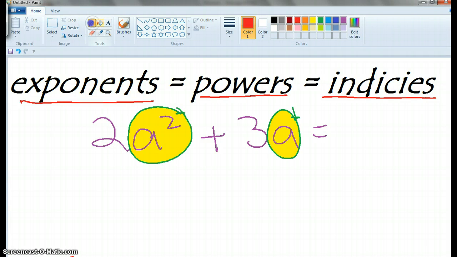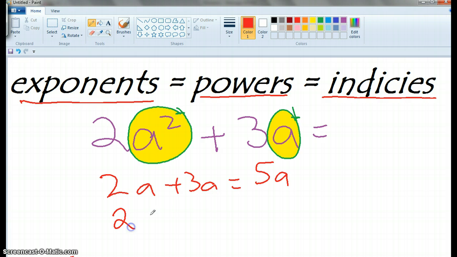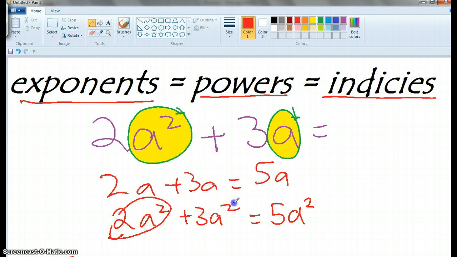If we had 2a plus 3a, that would equal 5a. And if we had 2a squared plus 3a squared, that would equal 5a squared. Because we've got a squared plus a squared plus a squared plus a squared plus a squared.